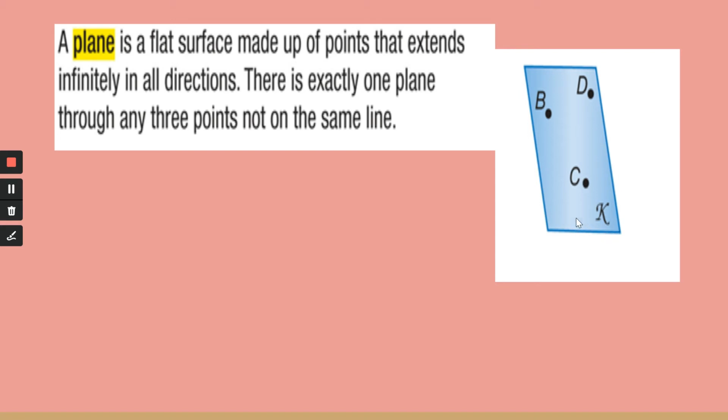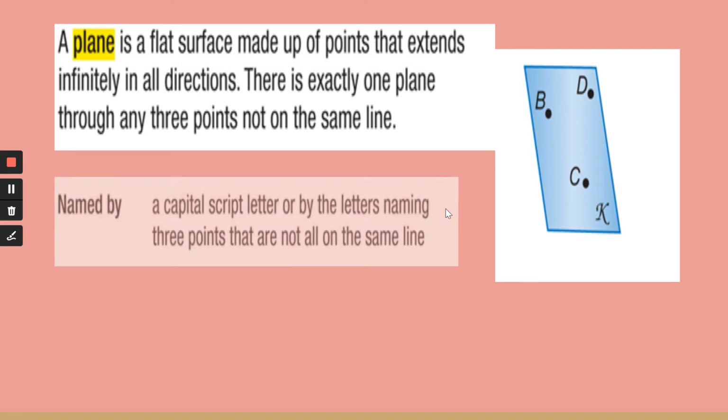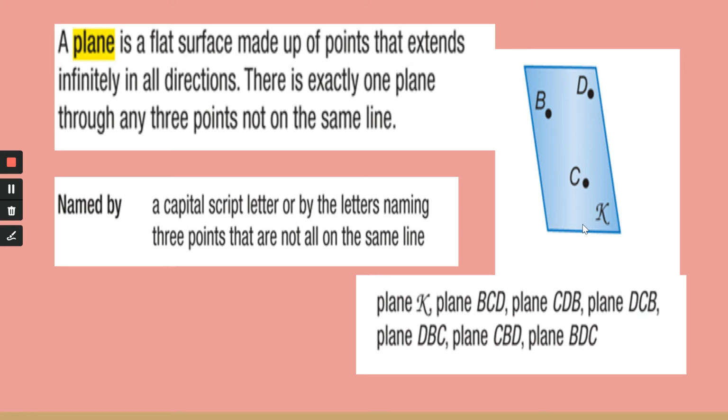And then we've got a large script letter that we could also use to identify. Again, we name it by using 3 points that are on the plane. And then we could also use, as I said, the capital script letter. So in this case, we could say this is plane K. We could say this is plane BCD, plane CDB, DCB, DBC. Again, any order of those 3 letters, we could name the plane.